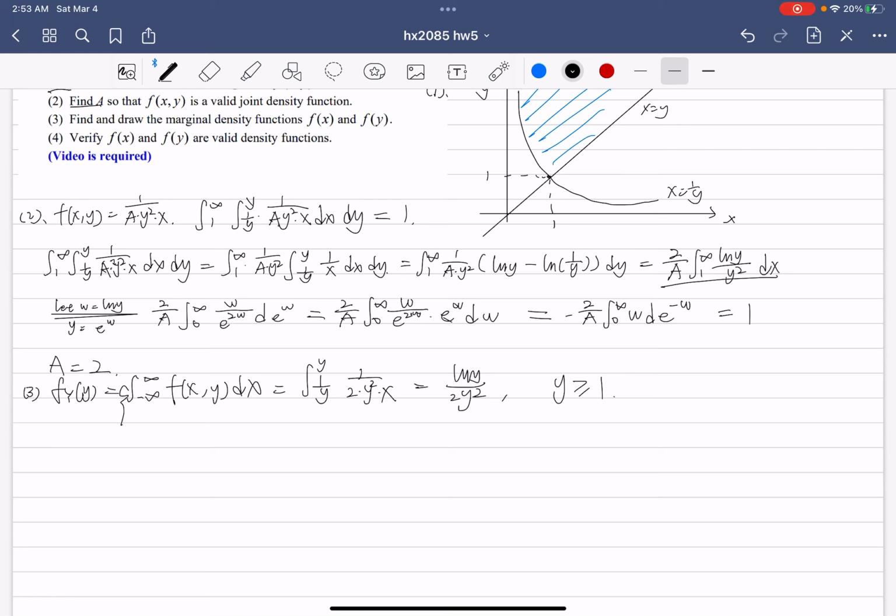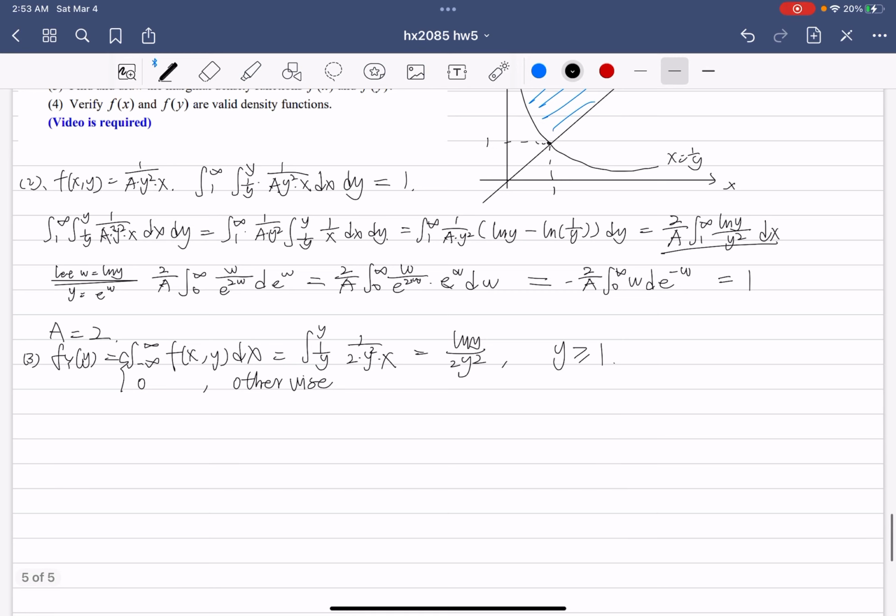And it will equal 0 otherwise. Now we can draw it. Oh, here is no 2, sorry. When y equals 1, it will be 0, and it looks like this.